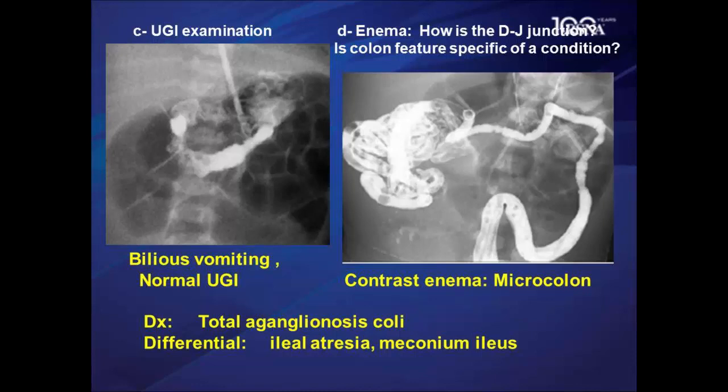Here it looks like meconium, and the differential diagnosis includes total ganglionosis coli, which could look like this one too, or even ileal atresia, but because of the gas distension. So be careful. A microcolon, you have to think it could be Hirschsprung disease or an obstruction at the small bowel, the main entity being ileal atresia and meconium ileus.